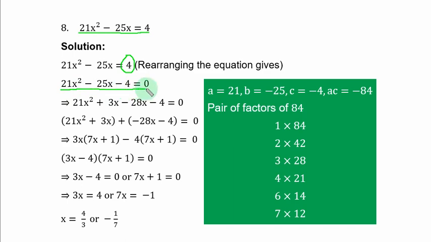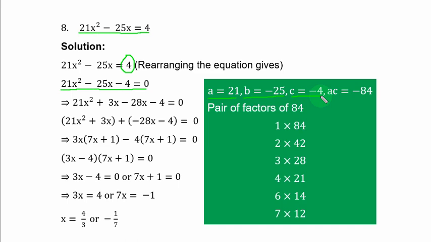What we do next is to compare this with the general quadratic equation form of as squared plus bs plus c equal to 0. It follows that a is equal to 21, coefficient of s squared, b is equal to minus 25, coefficient of s, and c is equal to minus 4, the constant term.